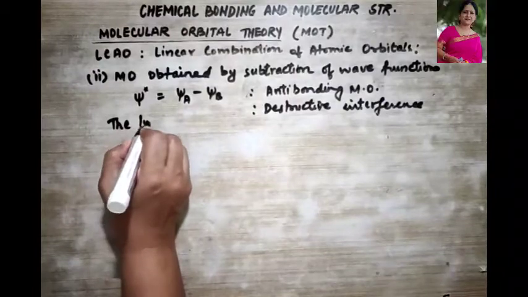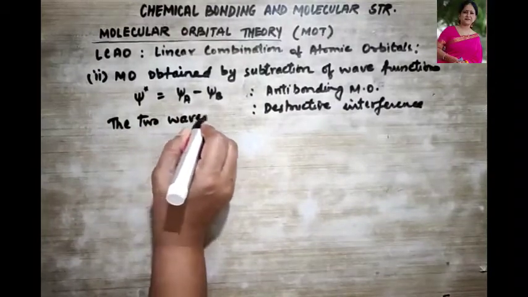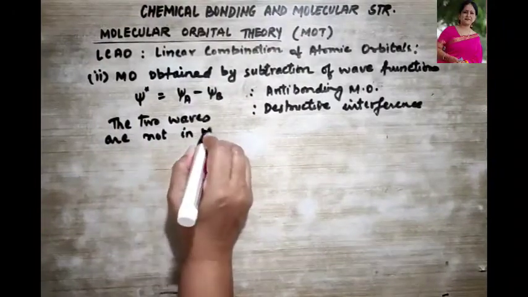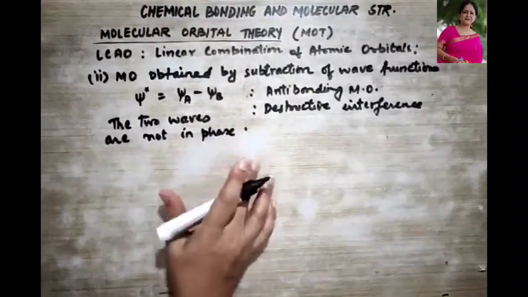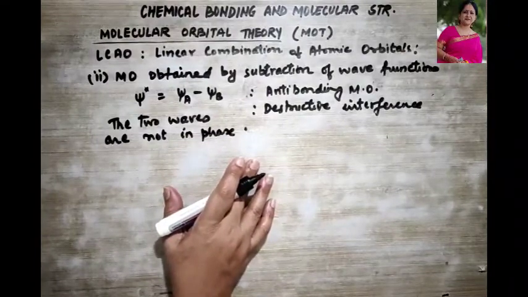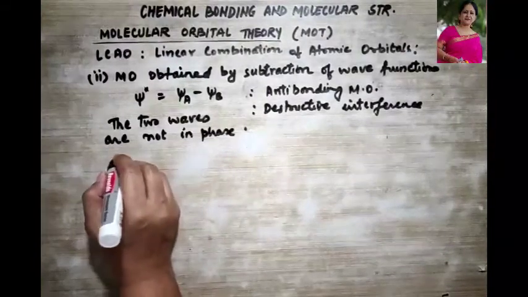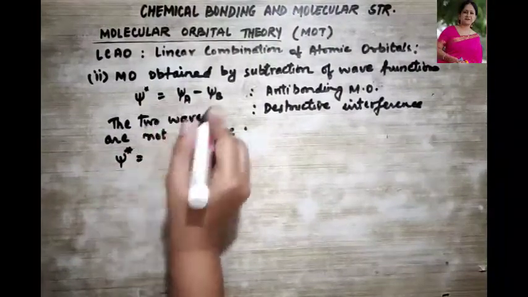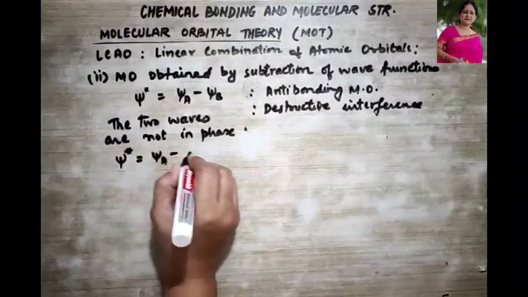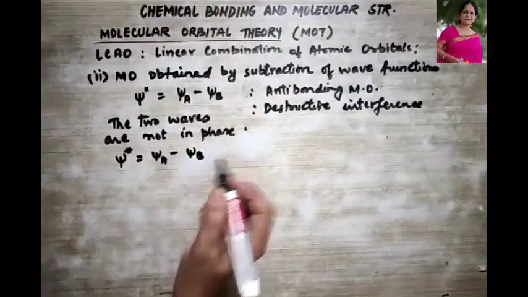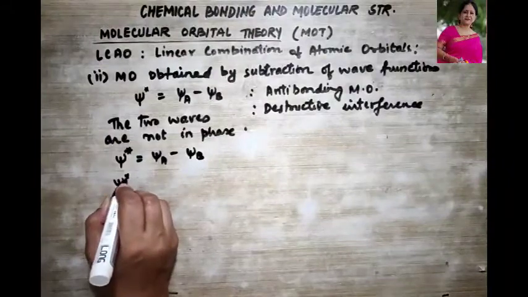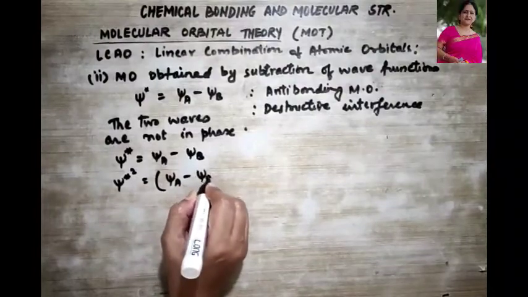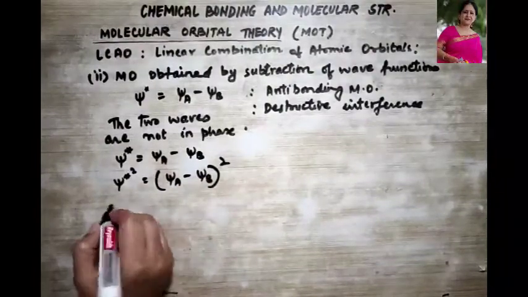The two waves are not in phase. Clear? And the amplitudes are subtracted. So let us see over here that psi is equal to, as I wrote, wave function A minus wave function B. If we square this, it will be equal to (wave function A minus wave function B) whole square.